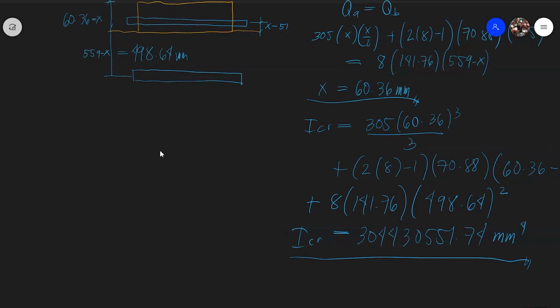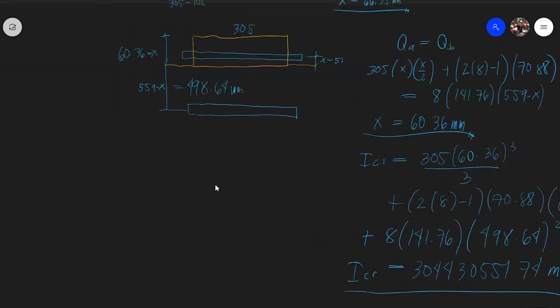After finding the value of ICR, take note that what we are asked to find is the moment capacity. There are two materials, so let's take concrete first. You are solving for the value of the moment.